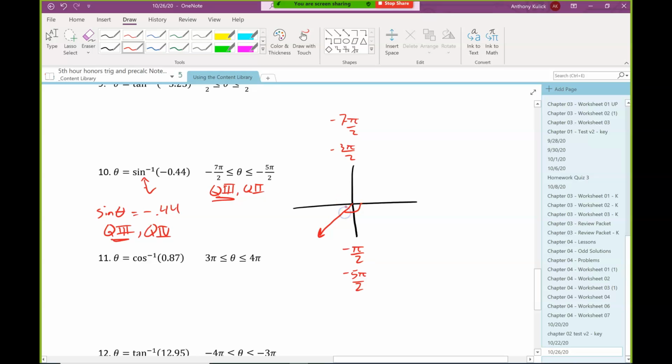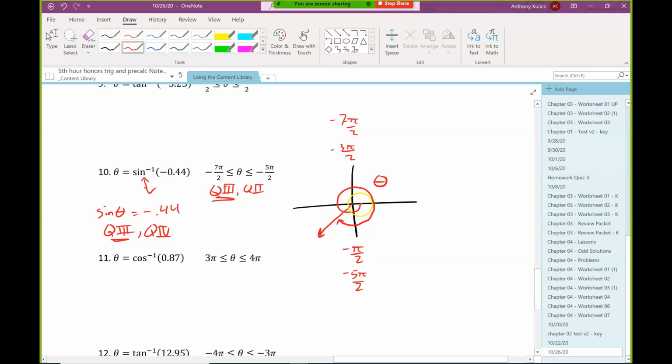Okay. So let's draw our angle now. So this is too soon, right? Because we're not even to negative 3 pi over 2 yet. So we keep going, and that's now passing 5 pi over 2. So that's good, and not yet to 7 pi over 2, so that's our location.